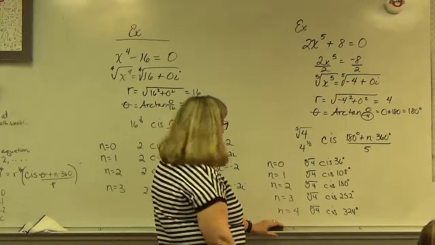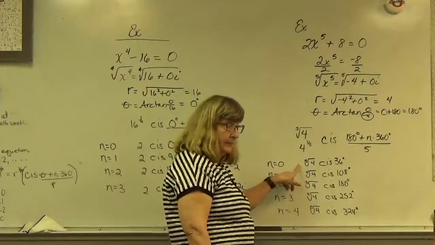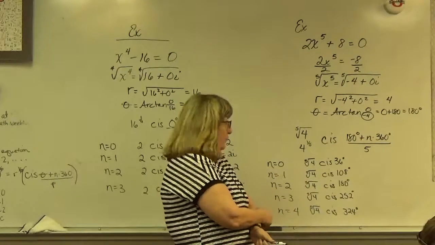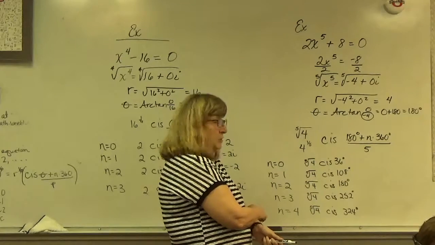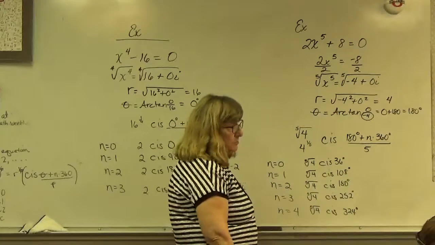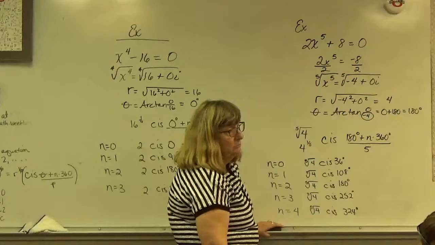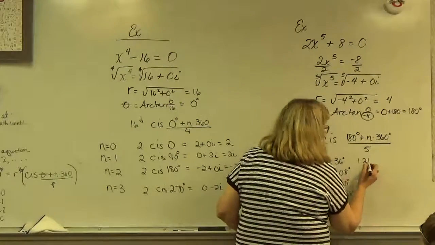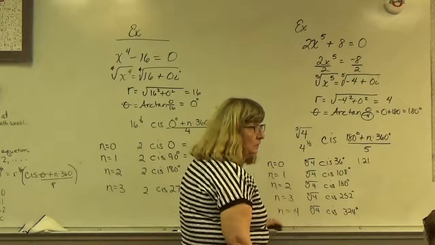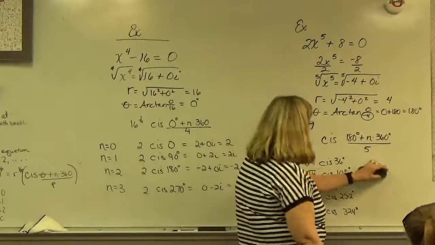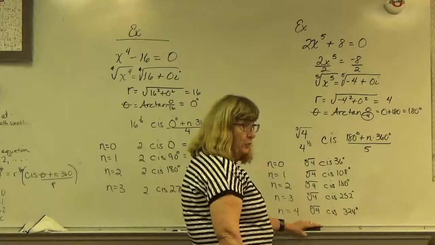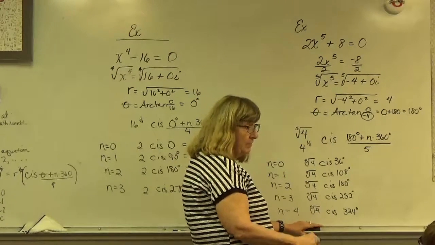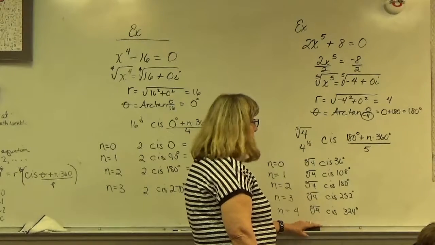Okay, and hopefully everybody remembers how to use the root key again. We're ready for you. What's the 5th root of 4 times the cosine of 36? These are all going to be decimals. 1.07. We're going to try that one again. 5th root of 4: you put 5 in first, then your root key, then 4.